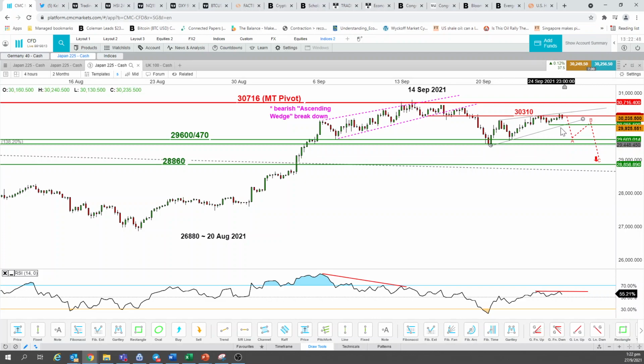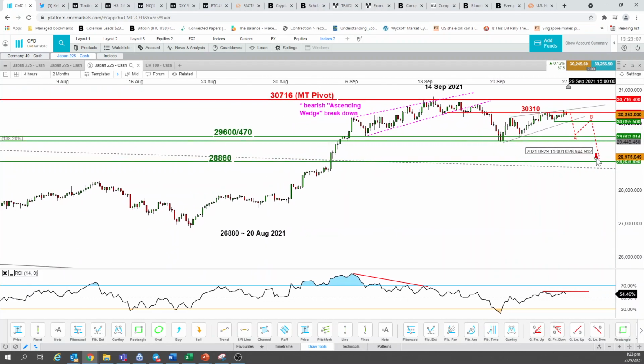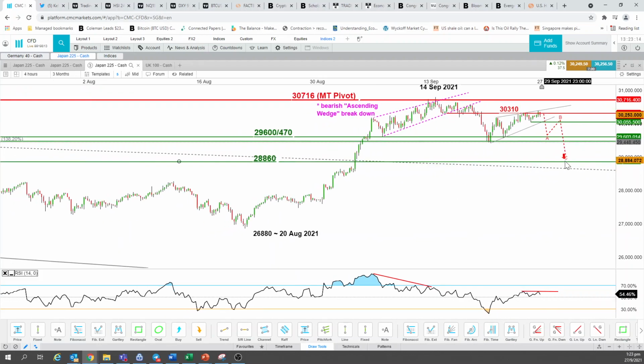If we have a break below 30,055, we could reinforce this corrective bearish outlook to retest the last Monday swing low area at 29,600 slash 470 before taking another potential downslide to hit the next support level at 28,860. That is the bearish corrective view that is still pretty much intact on the Japan 225.